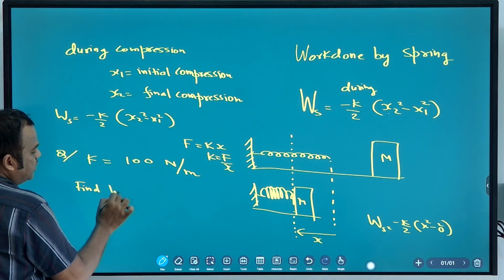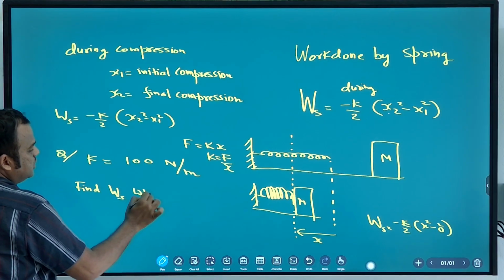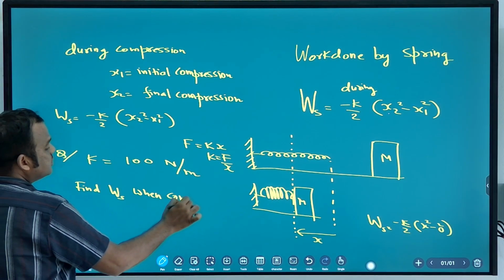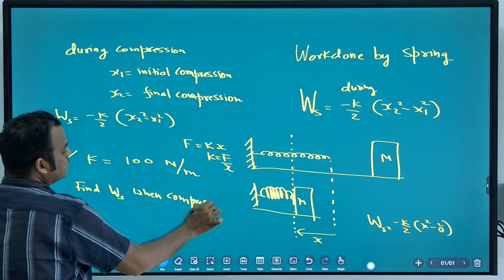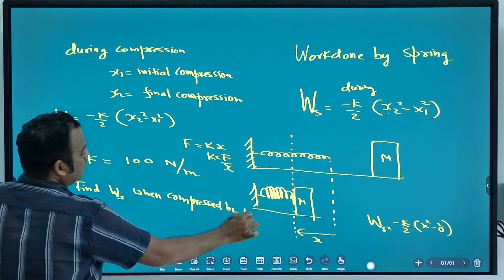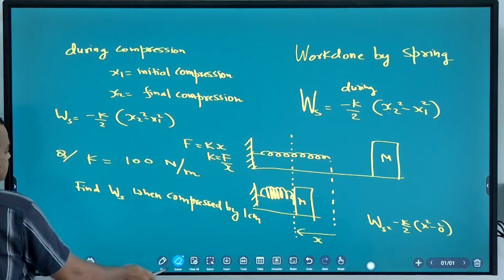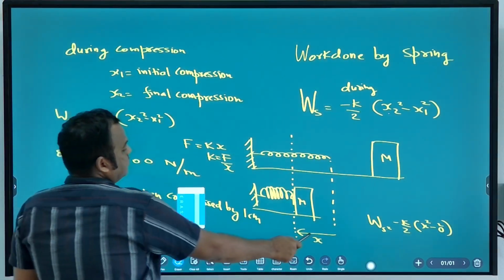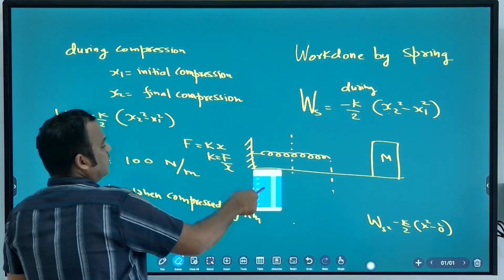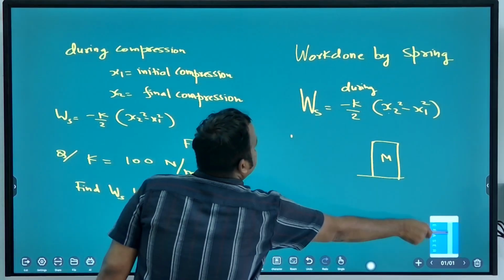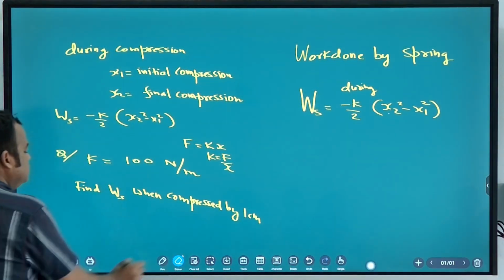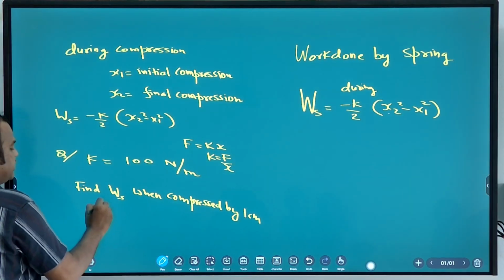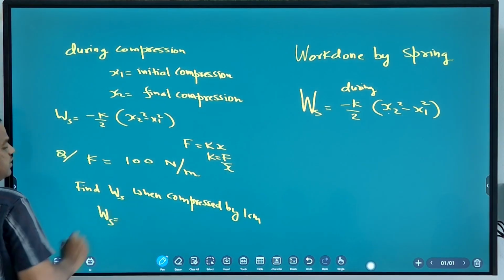Find work done by spring when compressed by 1 centimeter. What is the work done by spring when compressed by 1 centimeter? Okay, calculate.